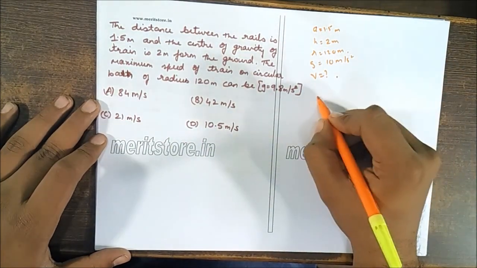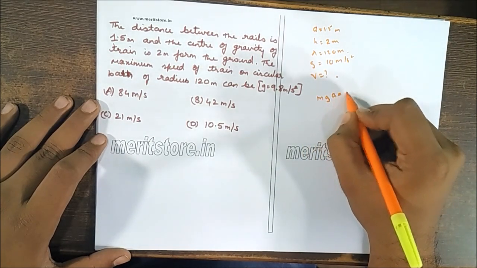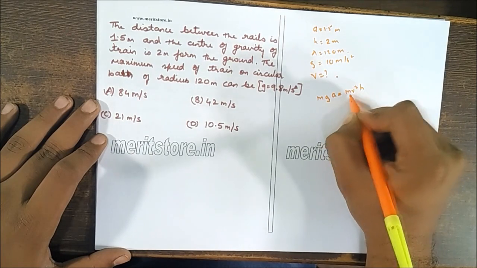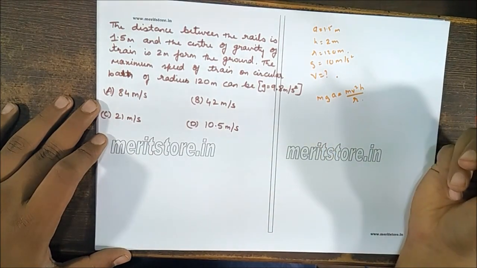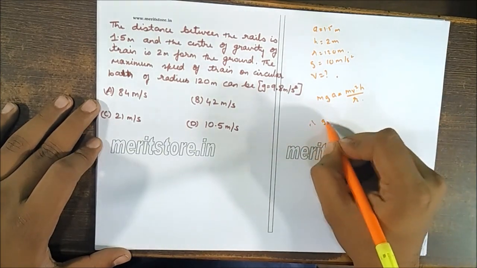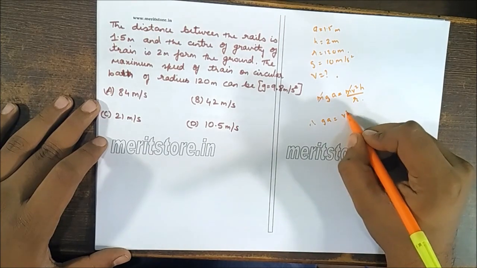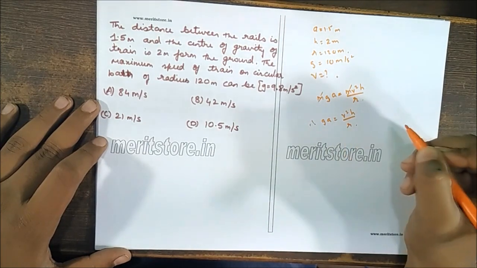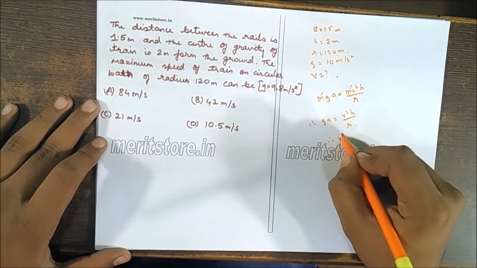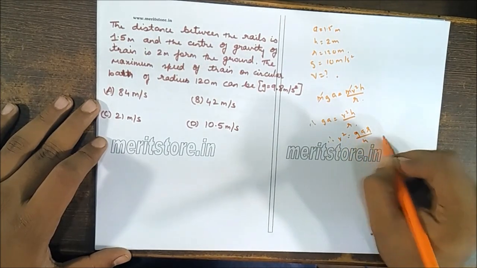Now for maximum speed, mg a should be equal to m v square h by r without overturning. So therefore g a is equal to, m will cancel, you get v square h upon r. So therefore v square is equal to g a r upon h.